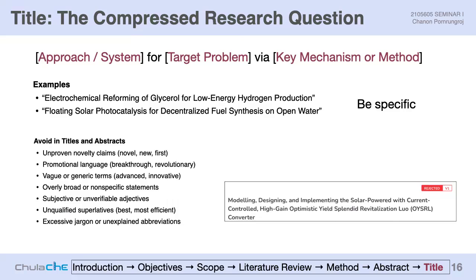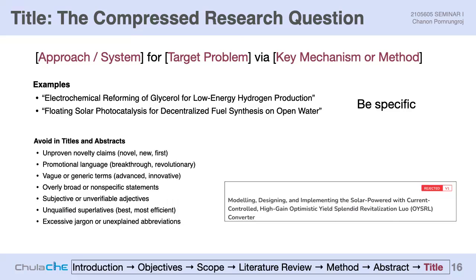It shouldn't also be too broad and vague. It should be specific enough, right? If you develop a new catalyst for dry reforming, and your title is new catalyst for dry reforming to solve global warming issue, that's basically too broad, right?